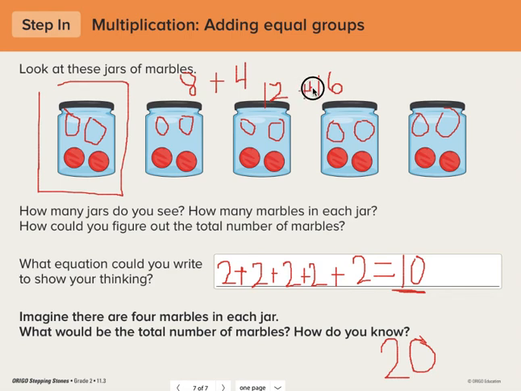And then 16 plus 4 is 20. So the equation would become 4 plus 4 plus 4 plus 4 plus 4 equals 20. When we double one of the jars, and then we double all of the jars, our total just becomes doubled.